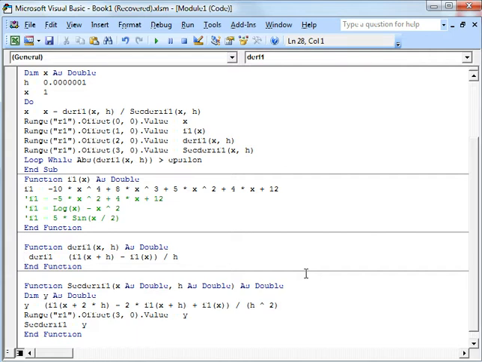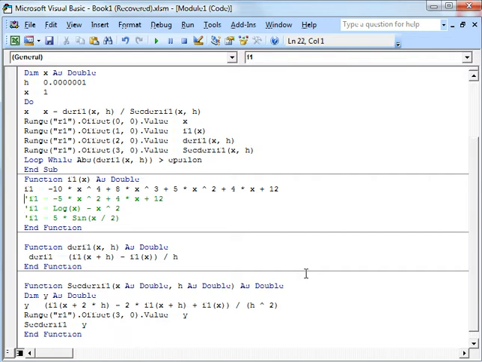So every time the function is changed and the new derivative needs to be computed, the new derivative is computed based on a call to the function that I just specified.